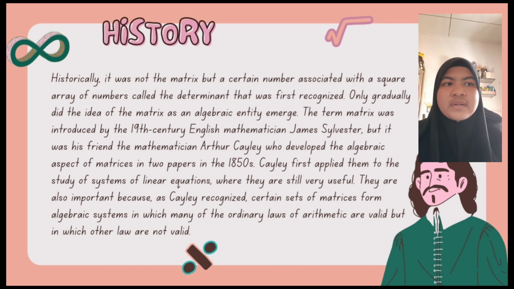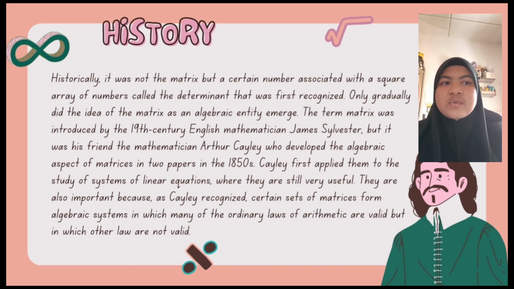Since their first appearance in ancient China, matrices have remained important mathematical tools. Historically, it was not the matrix but a certain number associated with a square array of numbers called the determinant that was first recognized. Only gradually did the idea of the matrix as an algebraic entity emerge.